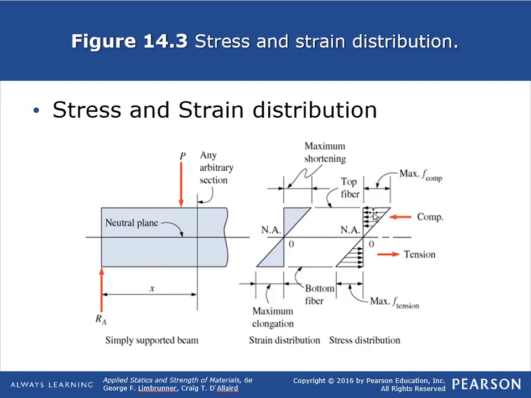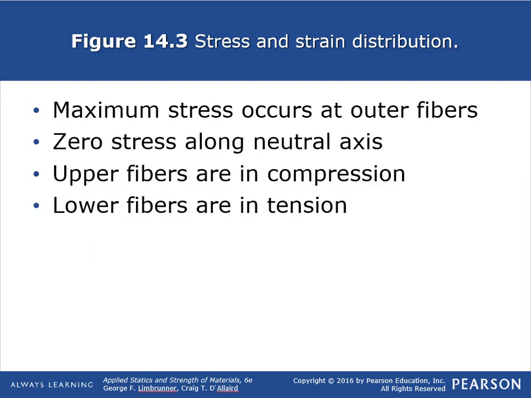And then we have compressive stresses here and tensile stresses below the neutral axis. So the maximum stresses are going to occur at the outer fibers, and then zero bending stresses are going to occur along the neutral axis. The upper fibers are going to be in compression, and the lower fibers are going to be in tension.